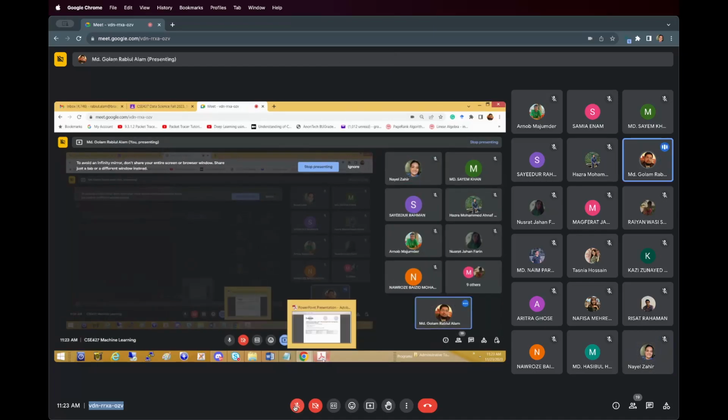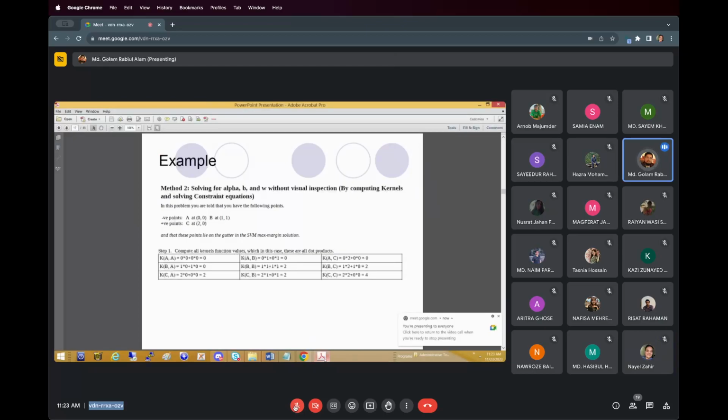So we started discussion on SVM, support vector machine, and in our last class we discussed one example data set. The data set is given and how to solve our SVM problem.